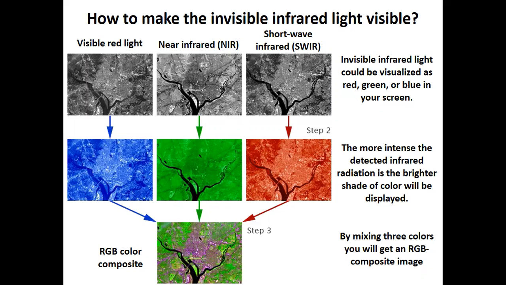Mixing these 3 colors, you will visualize the invisible light. The invisible infrared light will be visualized in that combined image as shades of red or green or all together, and you will see this unusual color picture, which is called the composite image or multispectral image.